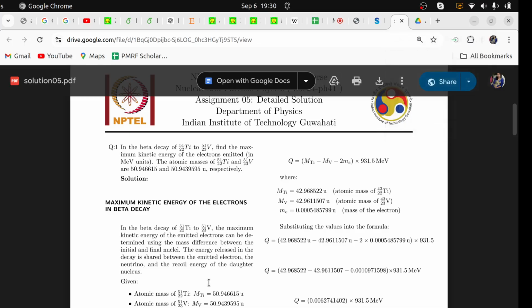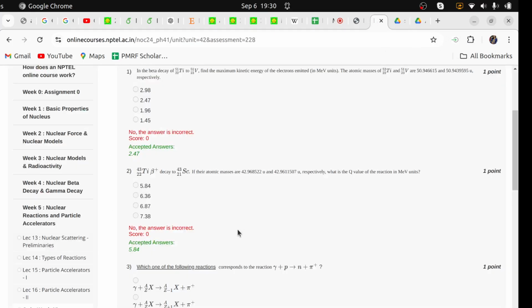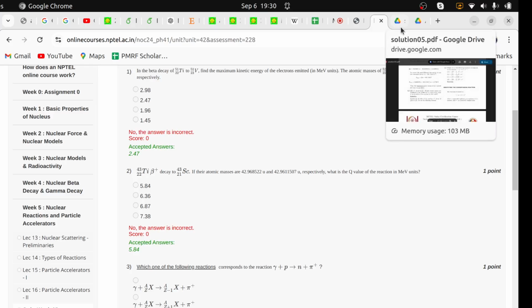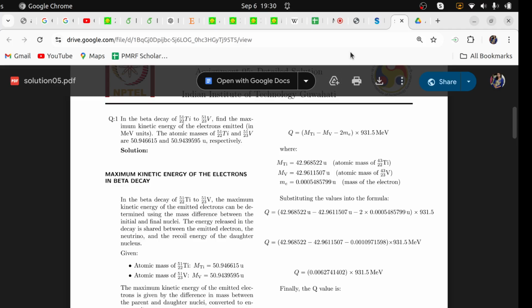Okay, wait. But the mass we need to take care of. So if the mass is there, then only it is fine, like 42.96, whatever.